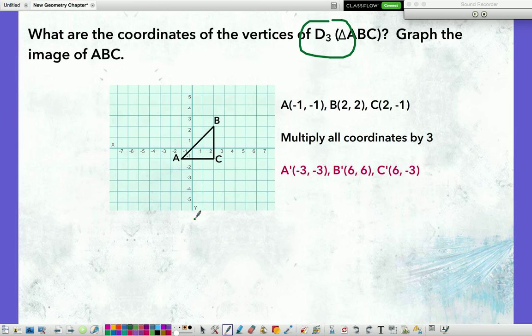Okay, let's check that graph out. So we have -3, -3. 6, 6 is way up here. And 6, -3.